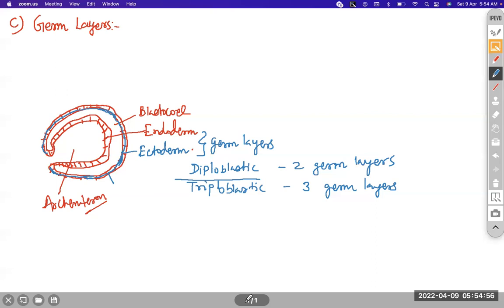If you cut a section, say through a horse or a mammal, you cannot expect to see three layers. Why? Because these germ layers do not remain as such as the animal grows, and they differentiate and modify to give rise to different structures and organs in the body of that animal.